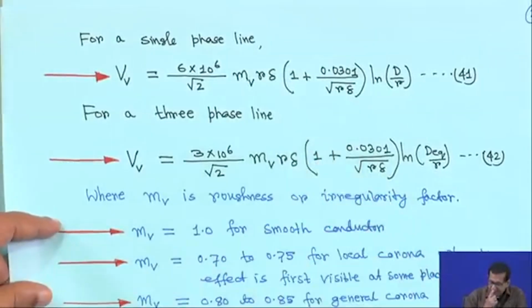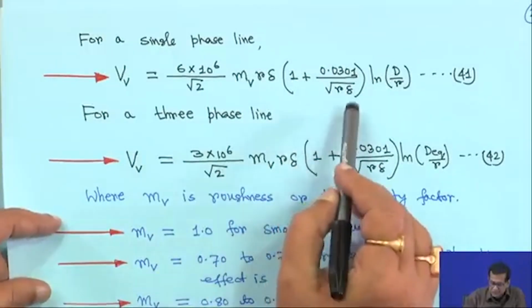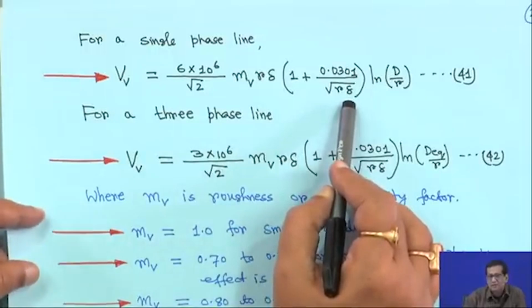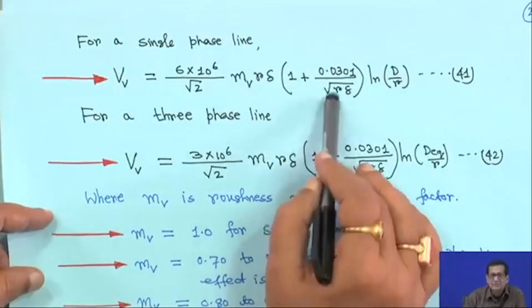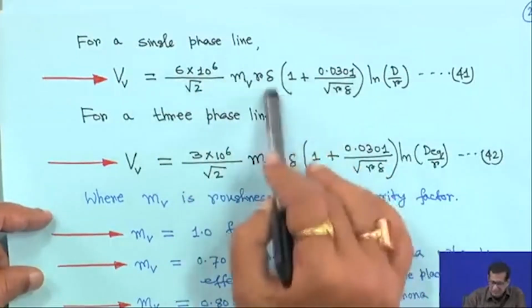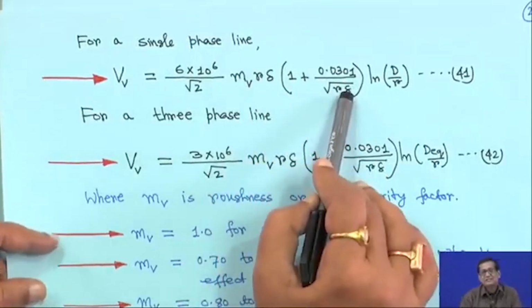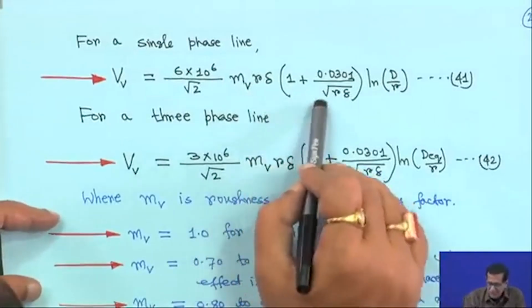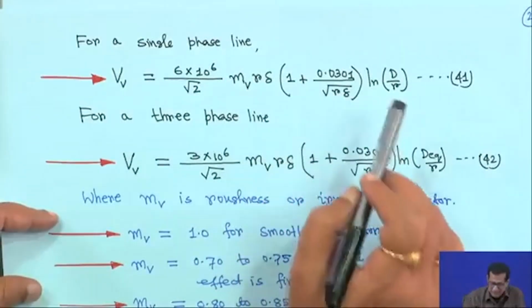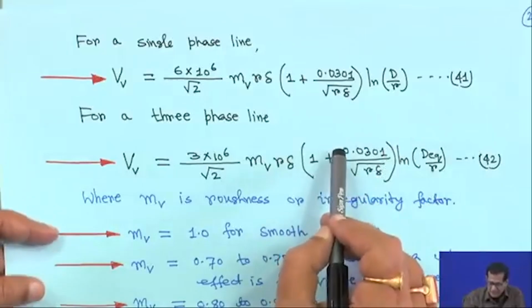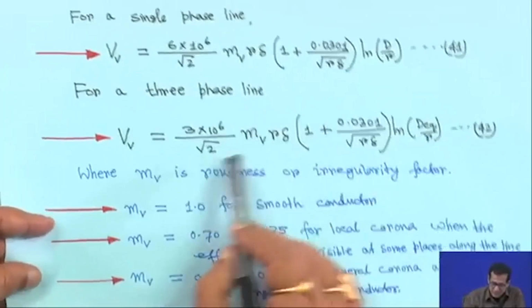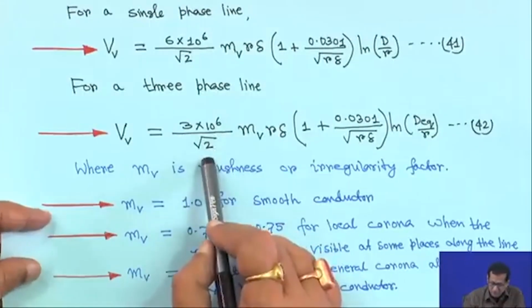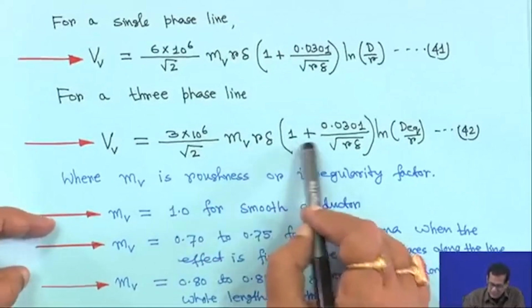Based on several field tests they have proposed it. So, this is not coming from any derivation, but it has been seen through field tests. This way the formula can be written for a single phase line. Similarly, for a 3 phase line it will be 3 into 10 to the power 6 over root 2, mv r delta, 1 plus 0.0301 divided by root over r delta, ln d q upon r.